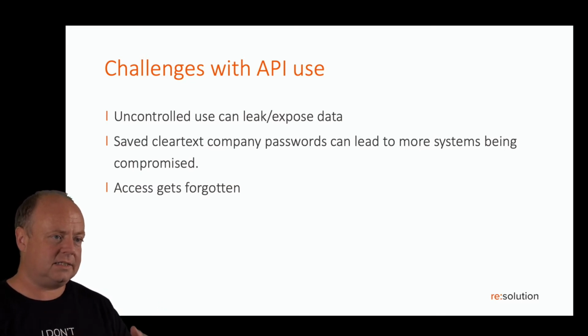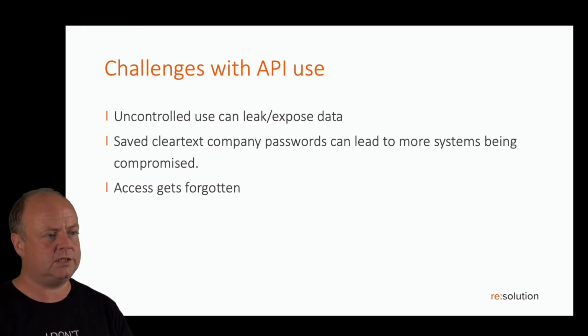Then the other thing is these services or the scripts the user has written need to save that password in clear text. So it's relatively easily exploitable if those services get hacked. But also if you are in an environment where you connected your Jira or Confluence, for example, to Active Directory, then this password is used for way more than just your Jira or Confluence access.